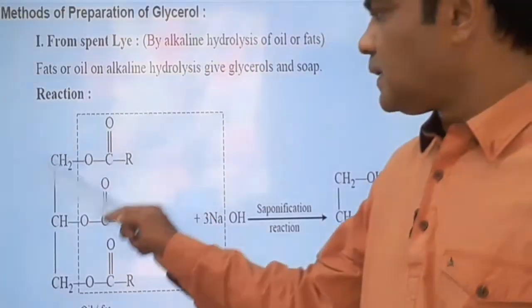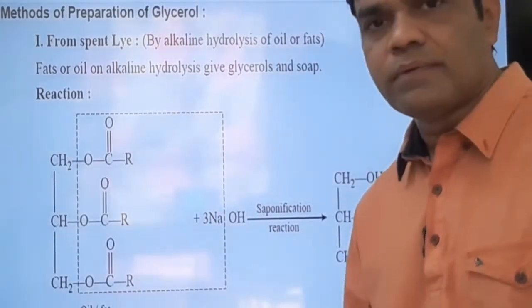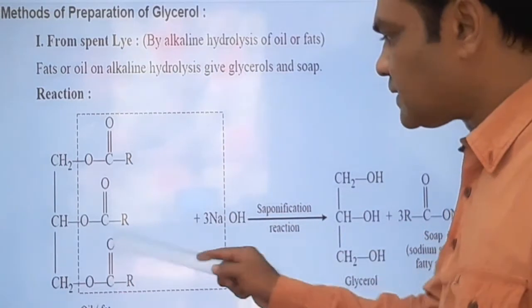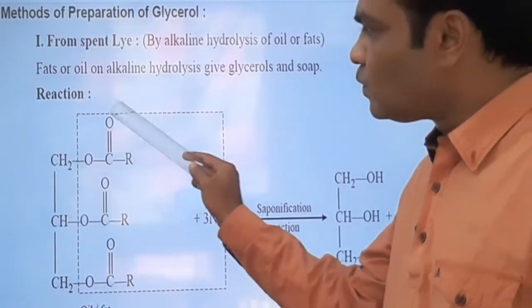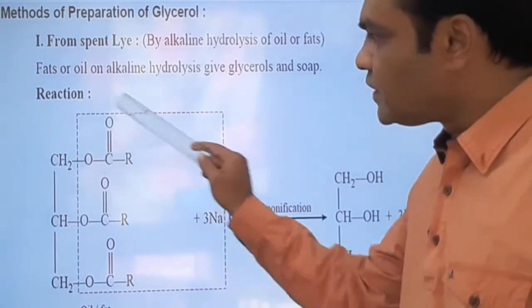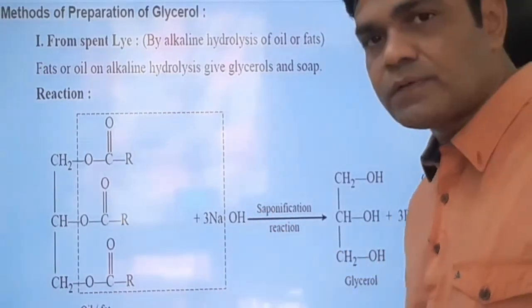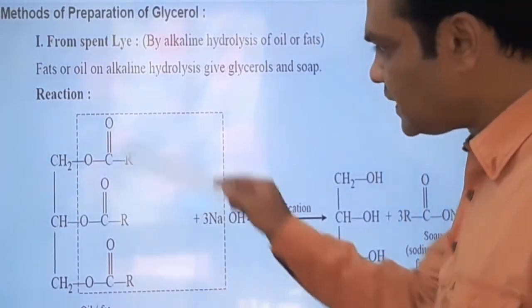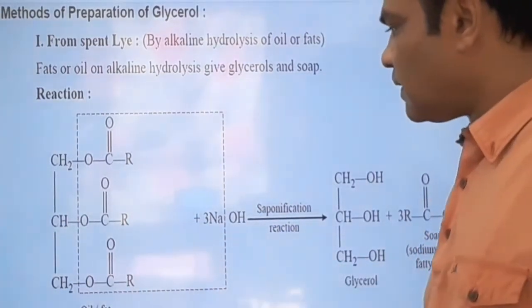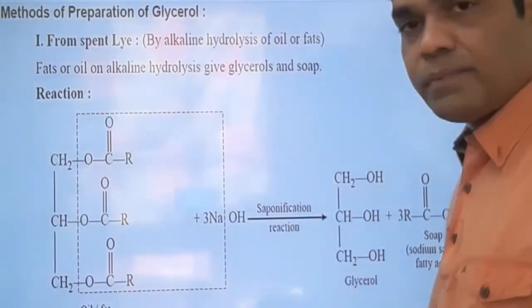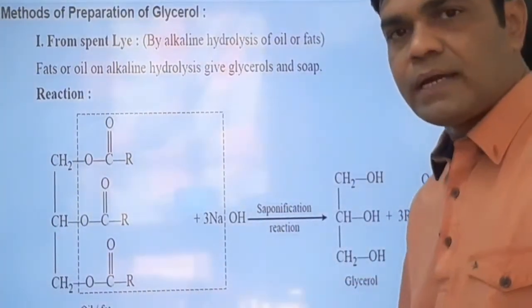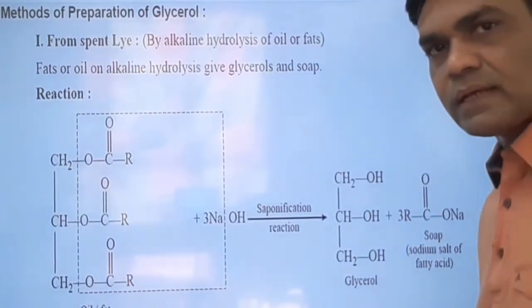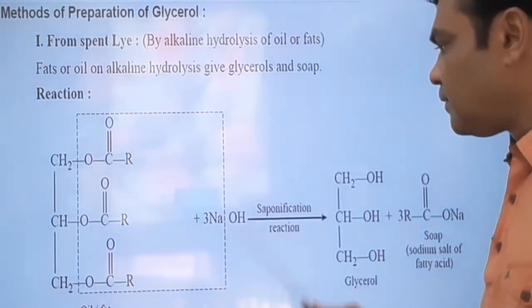See, this is an ester derivative, and this tri-ester derivative is called oil or fat. You know that this OC double bond O is the ester functional group. How many ester functional groups are here? 3 functional groups. 3 esters are there. So it is oil or fat. When we carry out the saponification, it may be carried out under alkaline condition, either with NaOH or KOH.